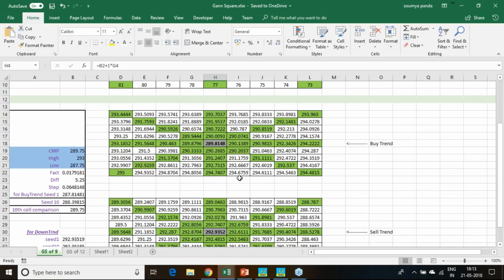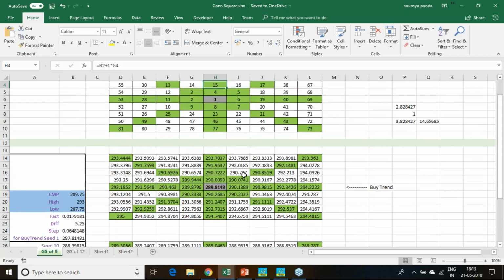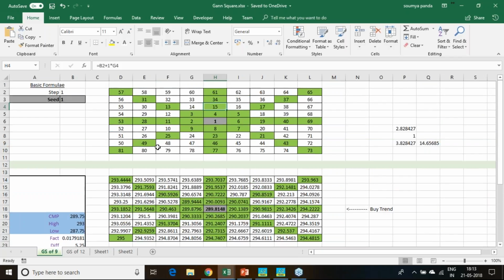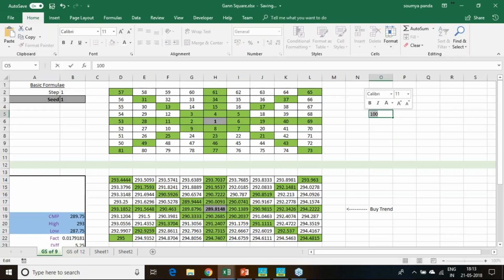Now coming to our studies. What Smart Finance did, or what I have done in these studies: I found out how we first form one square of 9 table. Suppose you have a high, say a real-time high of 10,500, and 10,300 was the low of any script.